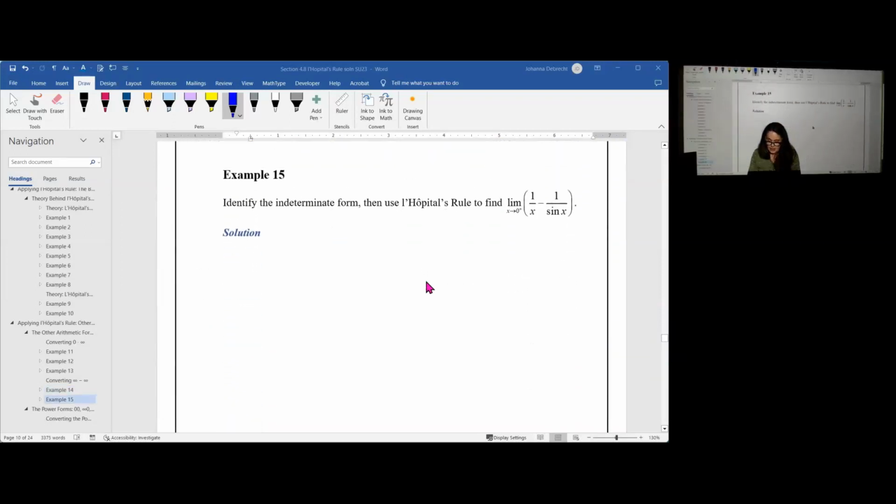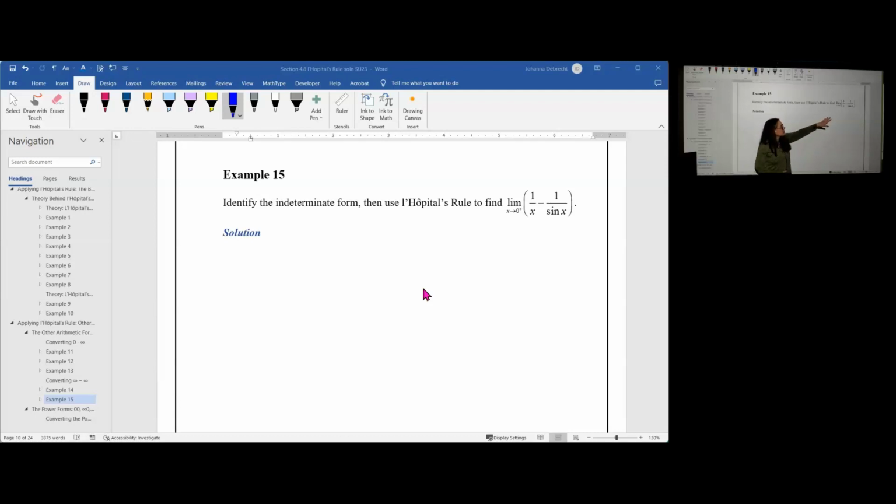We now have example 15. We again want to identify if we have an indeterminate form, and if possible, use L'Hopital's rule. We have the limit as x approaches 0 from the right of 1 over x minus 1 over sine x. We know that as x approaches 0 from the right, we're going to get 1 over 0, but the values will all be positive, which means it's going to be approaching infinity.